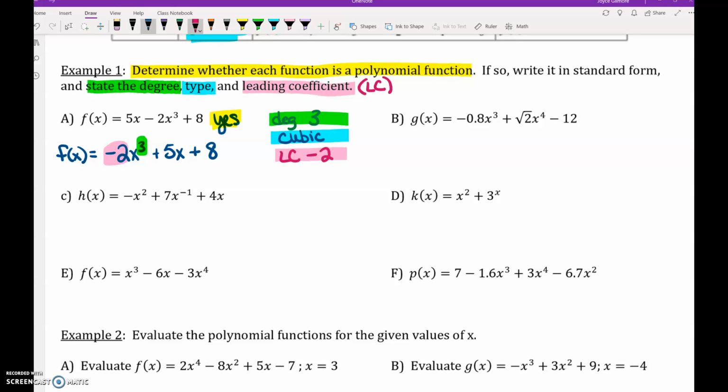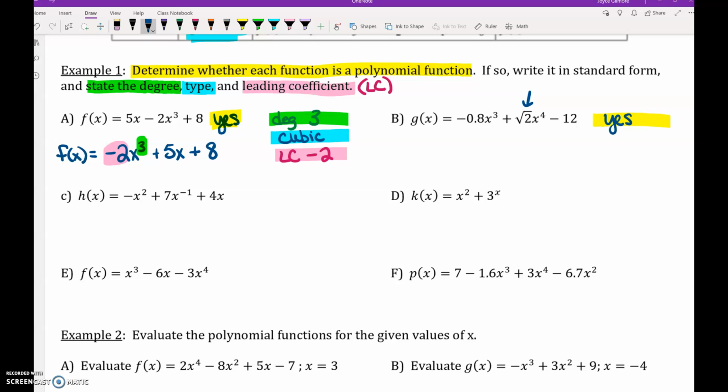Take a look at B. First, is it a polynomial? No. It is a polynomial. Unfortunate. I put this one in on purpose because this is the square root of 2. That is a real number. That is totally fine. -0.8 is also a real number.